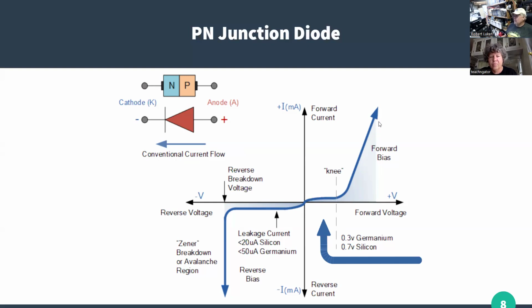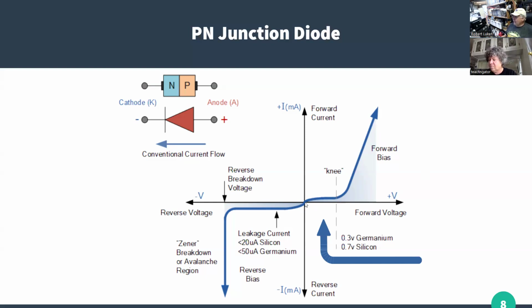And then it starts to conduct. And the slope of that line is going to be determined by its internal resistance. If it was a perfect diode, this would be infinite current. But because it's real, it's got some internal resistance. So that's why you see this as a sloped line.